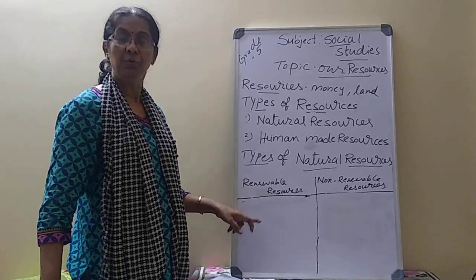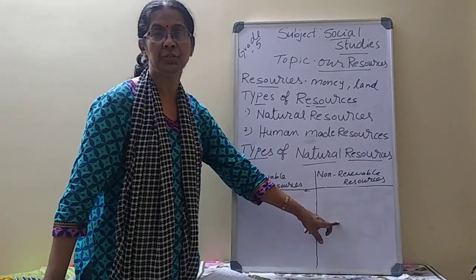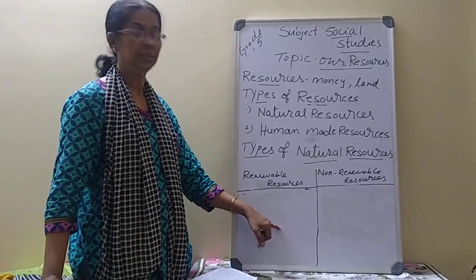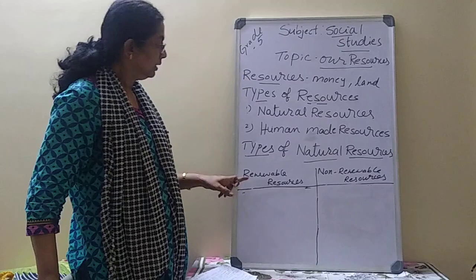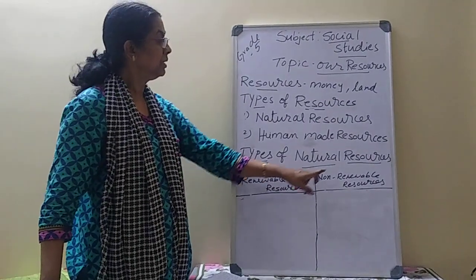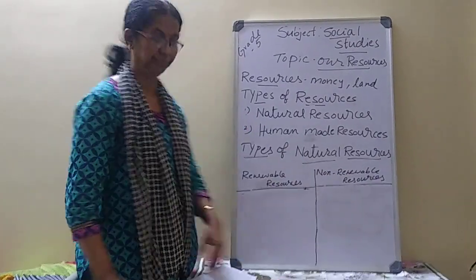Renewable resources are more in nature, whereas non-renewable resources are less in nature. Renewable resources can be generated over and again, whereas non-renewable resources are limited. Renewable resources are pollution free, whereas non-renewable resources are not pollution free.